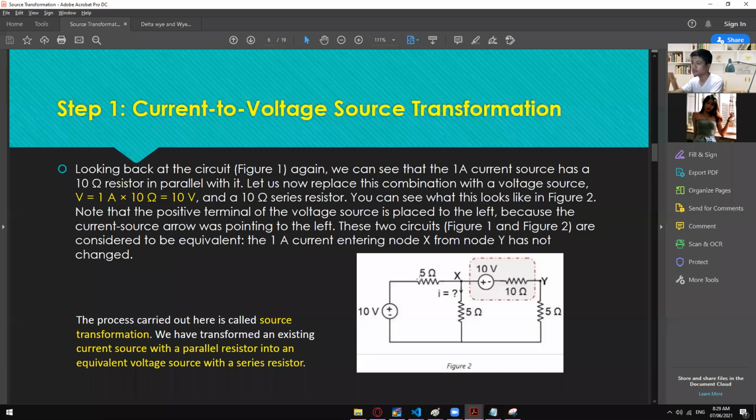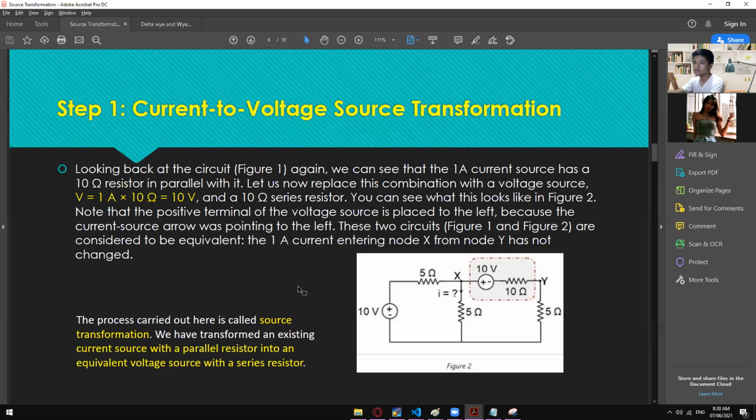What we will do is simplify this using Ohm's law and then convert this again using source transformation, and then apply Ohm's law and then source transformation until we arrive at a series connection. Because once we have a series connection, whatever current is flowing in here is the same as the current flowing in here. So with that, we'll easily know the current of this node right here.